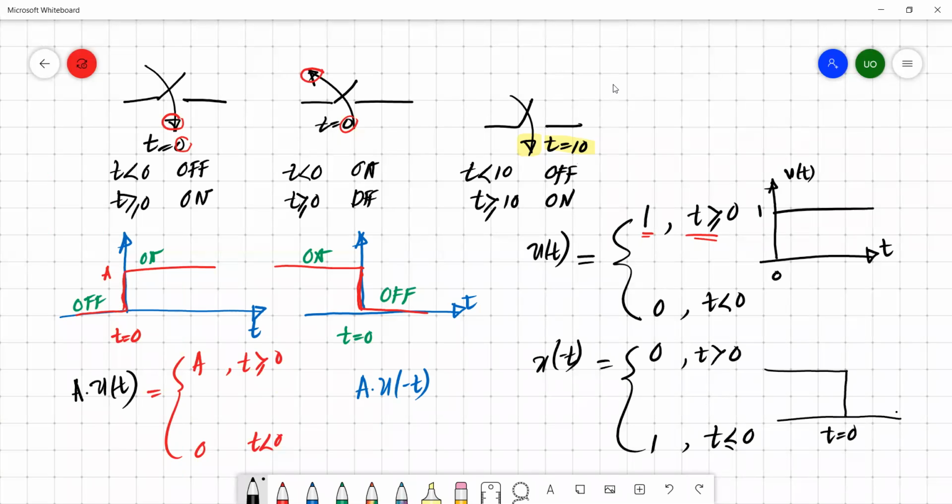Here t equals 0, and this is u(minus t). The value at this point is plus 1. From minus infinity to 0 the value is 1, and from 0 onwards the functional value is 0. Then we can replace this operation using A times u(minus t). u(minus t) is the mirror of u(t).